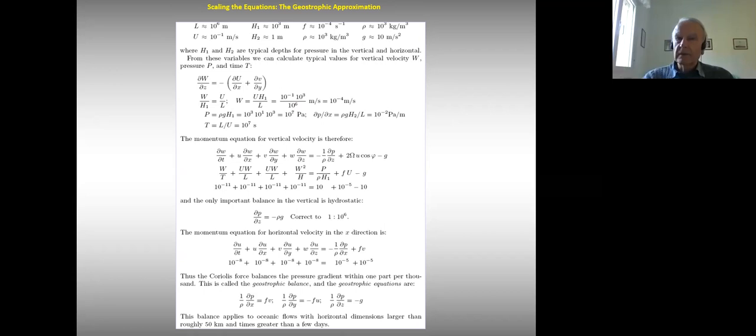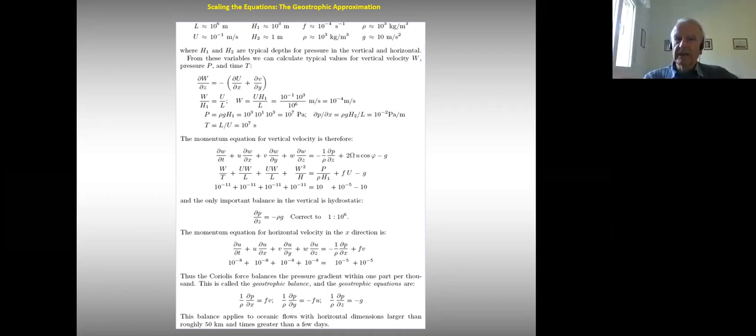We do what we call the dimensional analysis of the equations of motion. How do we do that? We assume typical values for our ocean, and then see what are the orders of magnitude of the terms of the equations of motion.